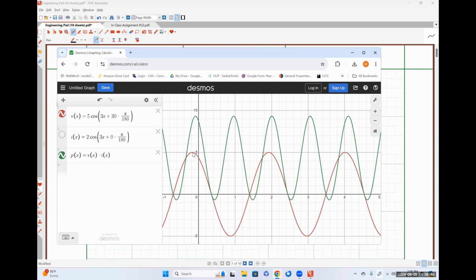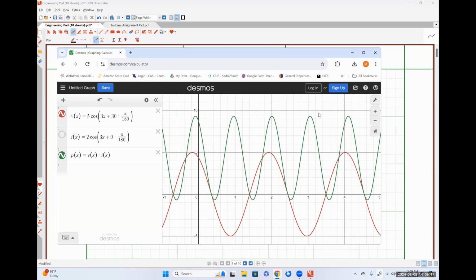In between the space of this positive peak on the voltage signal and this positive peak of the voltage signal, my power hits 2 peaks and then repeats. So it seems like our power waveform is oscillating at twice the frequency of our voltage waveform or our current waveform. So we've got some interesting stuff going on here.